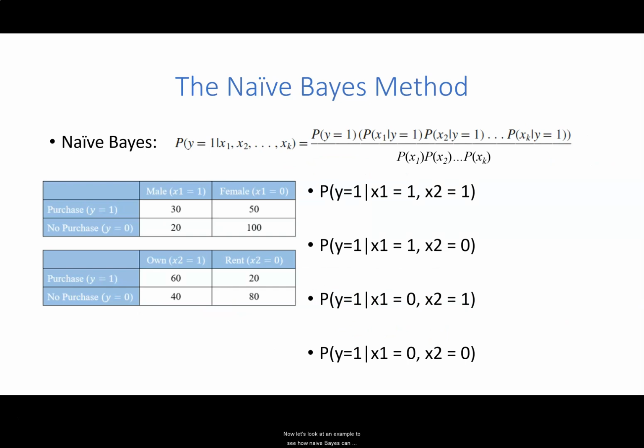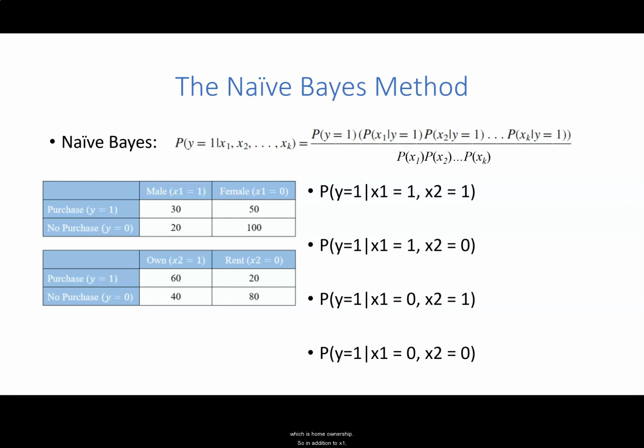Now, let's take a look at an example to see how naive Bayes can be applied to a problem. In this example, we have expanded our business scenario in the previous example by including a second variable, x2, which is home ownership.